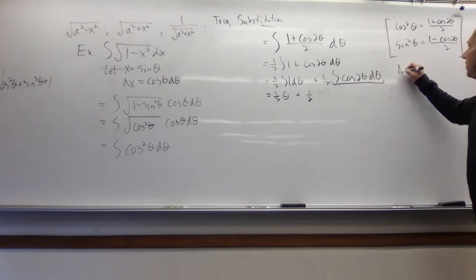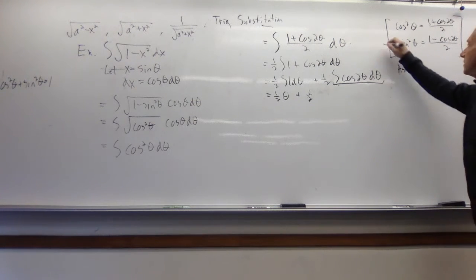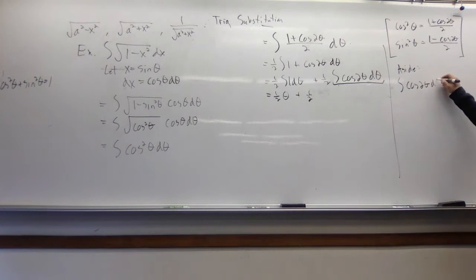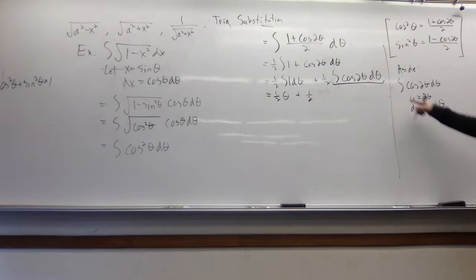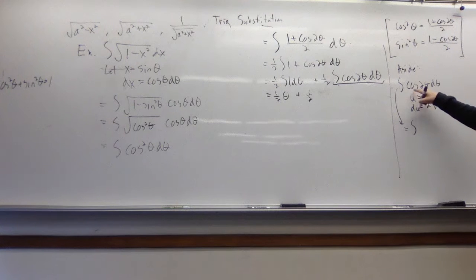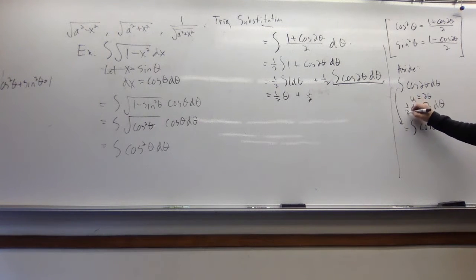So let me do that over here as an aside. So I'm integrating cosine of 2 theta d theta. I'll let u equal 2 theta. du is equal to 2 d theta. So then this guy is the same thing as the integral of cosine of u du, where the d theta piece is 1/2 du.